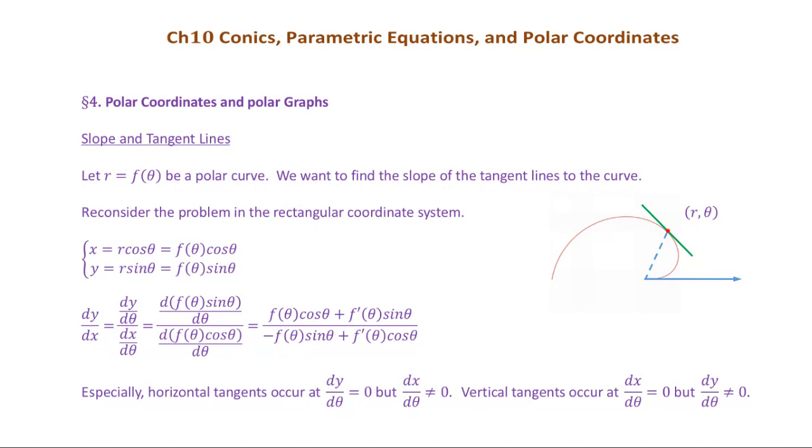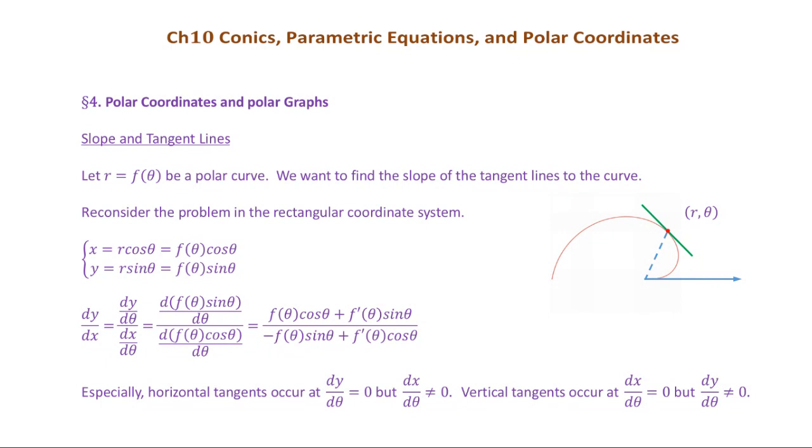First we need to convert these coordinates into rectangular coordinates using the conversion formulas: x equal to r cosine theta and y equal to r sine theta. But r is f theta. We're talking about the curve, so on the curve, r is the same as f theta, right? So we get f theta times cosine theta for x and f theta times sine theta for y.